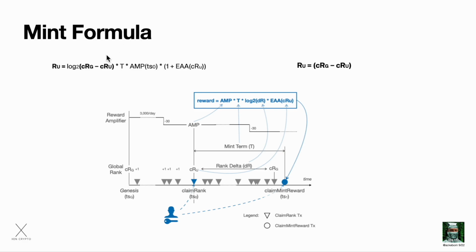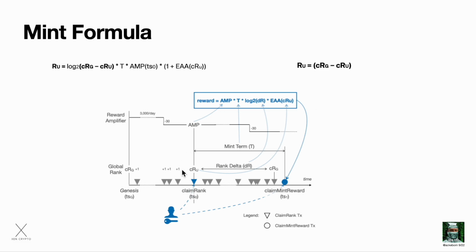So let's forget about all of these for now, and let's just focus on this one. I've summarized it here just so it's cleaner. What really happens here? Let's talk about it, because this is the most exciting thing in my opinion. You know, the CRU, your C rank, which you claimed T time ago.